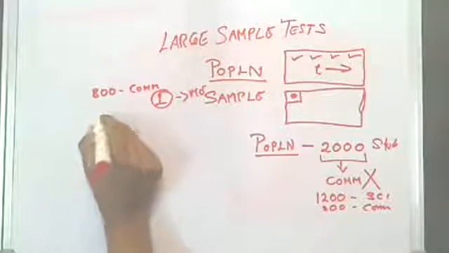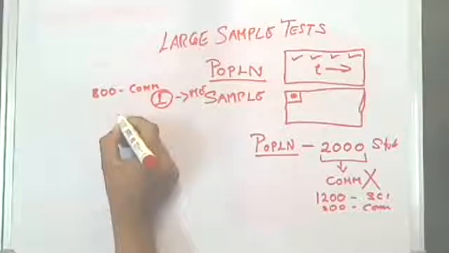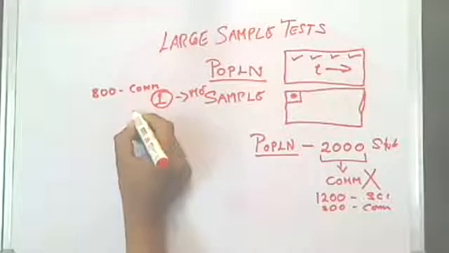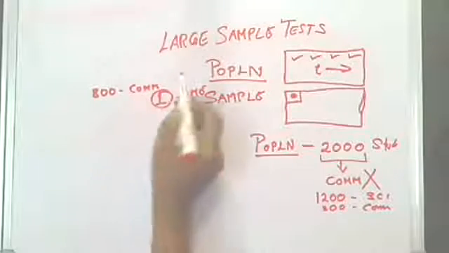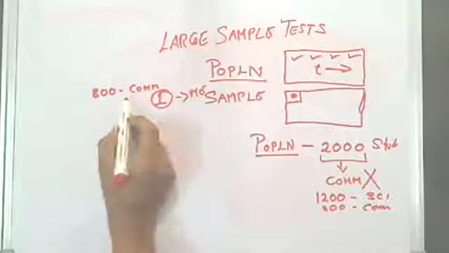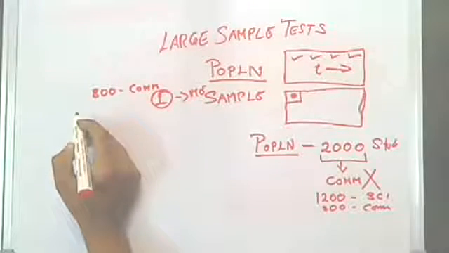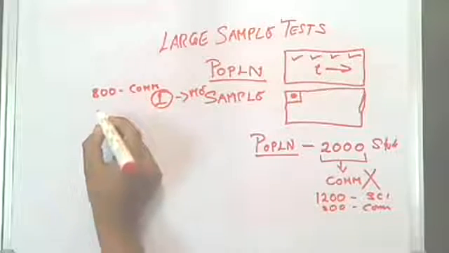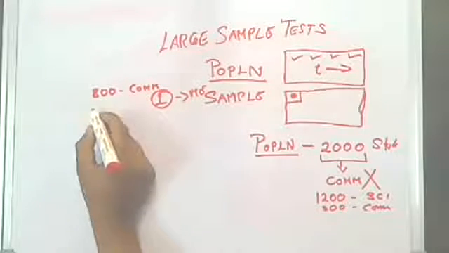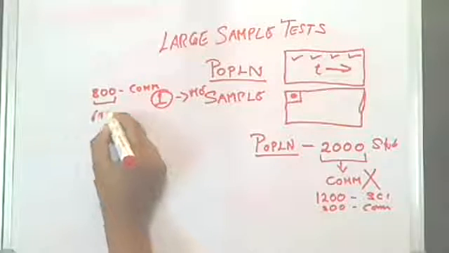And the next thing I'm going to do is break down my sample size further. I'm going to go about asking only students in second PU, because these are the ones who are studying large sample tests. If I include first PU students in the sample, my results in fact will not be accurate. So rather than talking to all the 800, I'm going to start breaking this down to say 600.